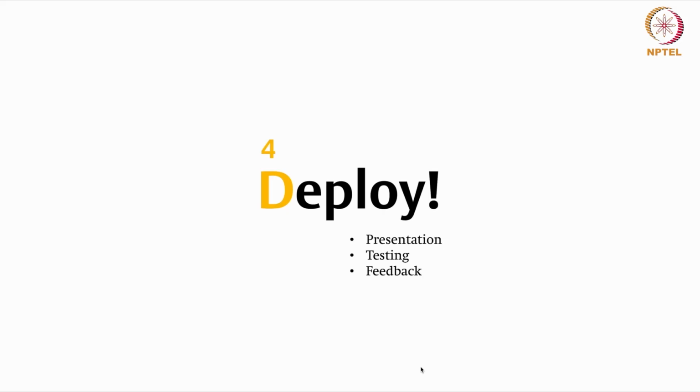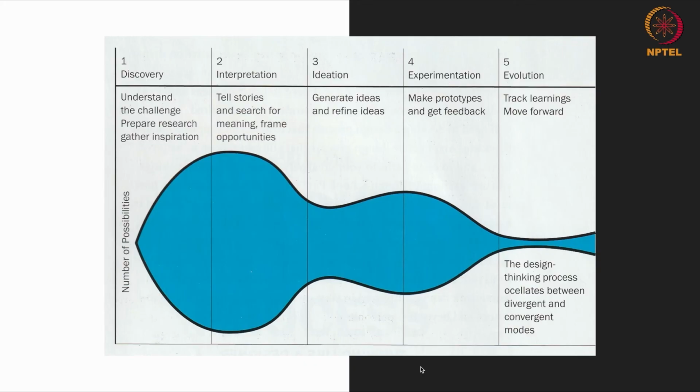And then after the feedback, you come back and redefine the problem, or maybe rework the solution, and then make it perfect and suitable for the context and user. So if you look at this process of discover, design, develop, deploy, it oscillates between divergent and convergent modes.